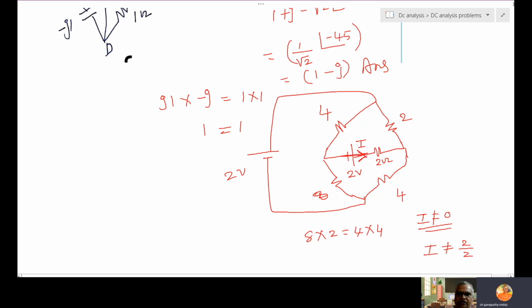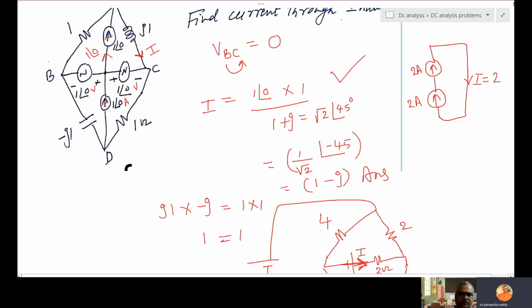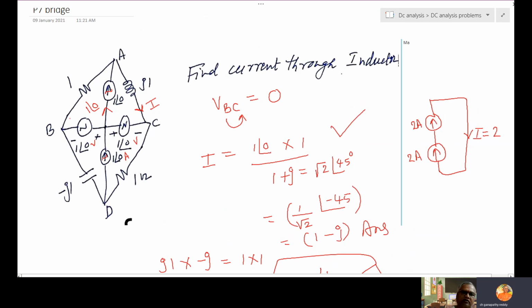If they ask the current here, undoubtedly the answer is 0 because the bridge is balanced. So when the bridge is balanced, the source should not be inside, the source should be outside only. So here the bridge balanced concept is not applicable clearly. So the best option is VBC 0.